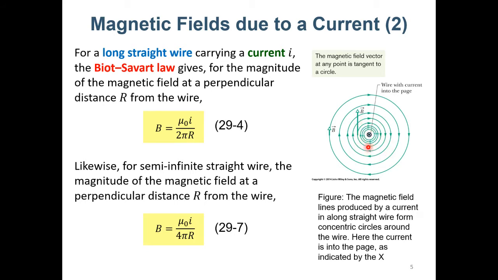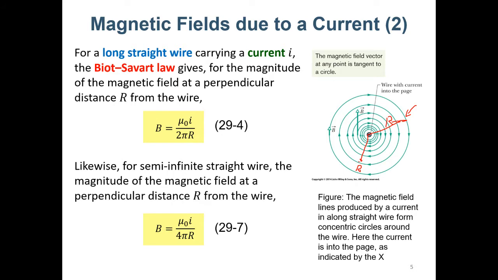So actually, if you have a straight wire, the magnetic field lines will look like many circles with the same center. And the points closer to this wire will have a stronger field, because this is R for this one, and this is R for this one. If R is larger, B will be smaller.